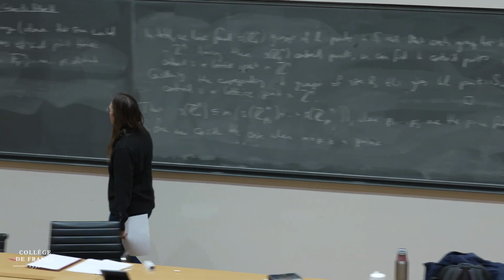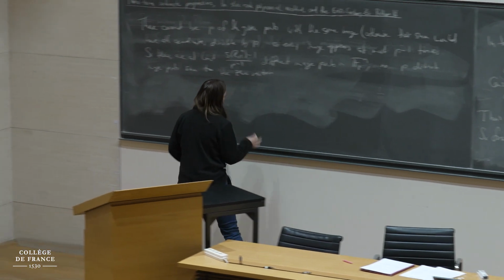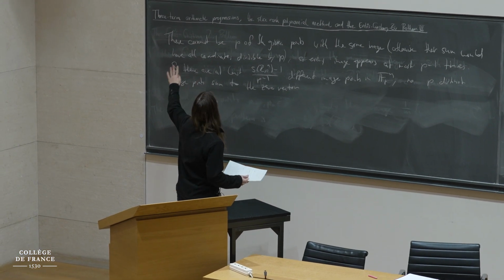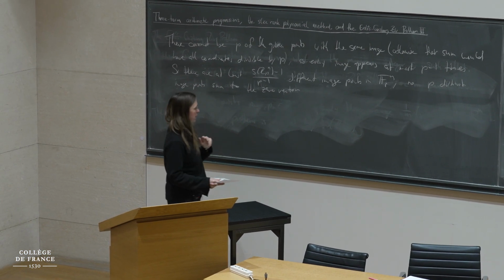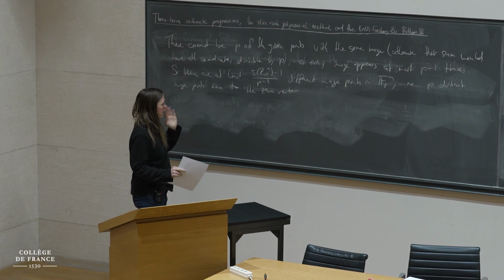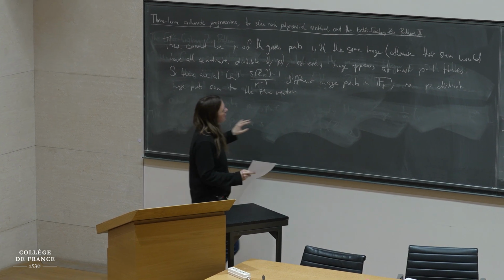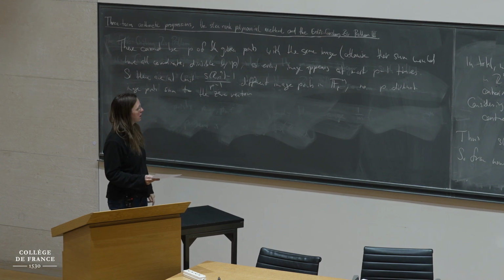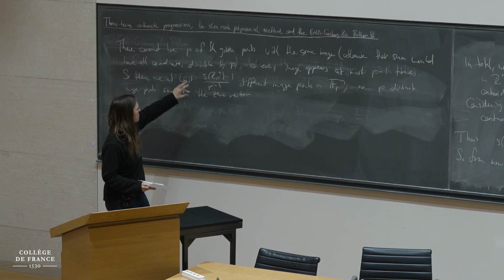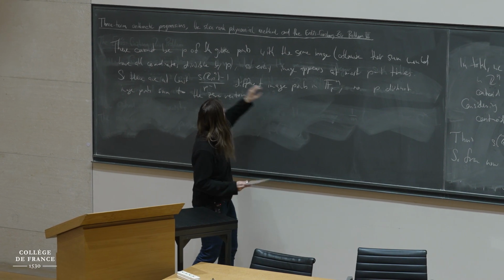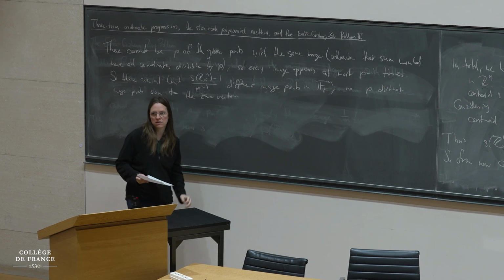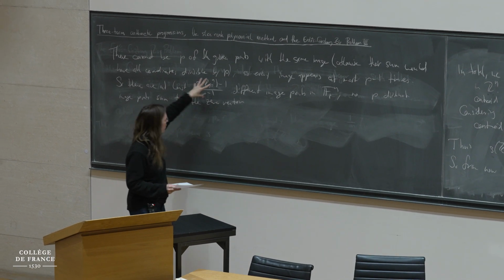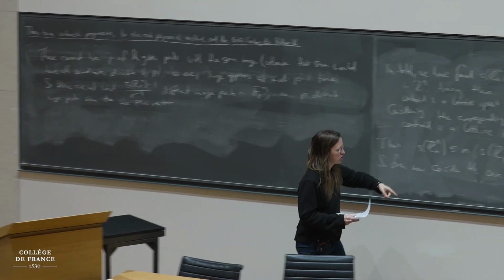So that means that indeed, because in the original set of points there were no p points whose sum has all coordinates divisible by p, there can't be p points in the image whose sum is the 0 vector in F_p^n. And so that means we found a subset of F_p^n of this size with no p distinct elements summing to 0. So this is a lower bound for that question here.